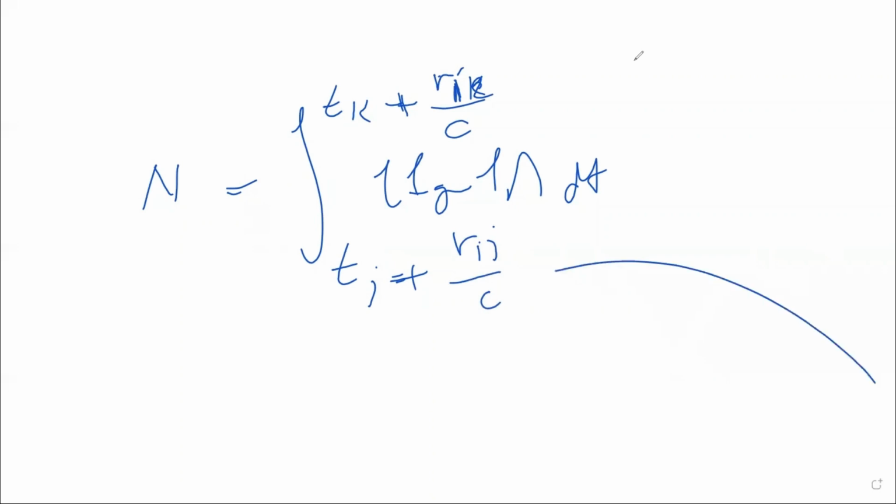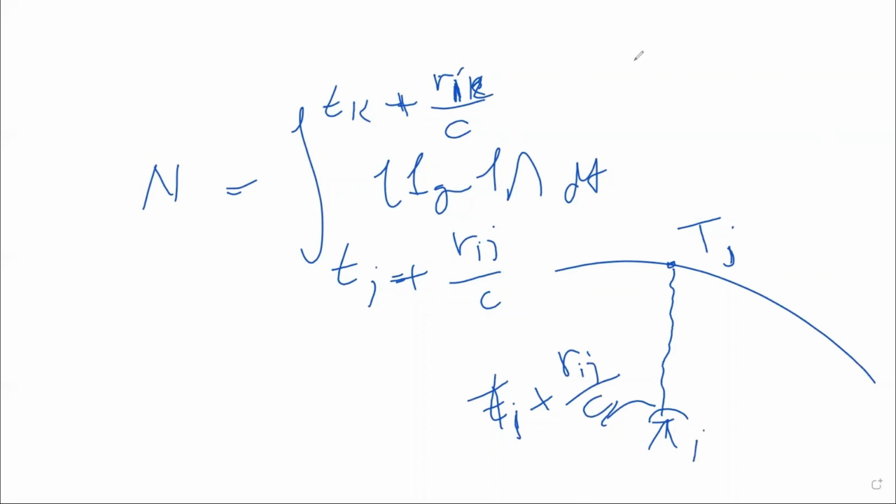It means that if I have an orbit and I have a receiver here, when the satellite at its time, let me say Tj, sends the signal to the receiver, it will come here at this time. Actually, it will be Tj plus Rij over C. Why?